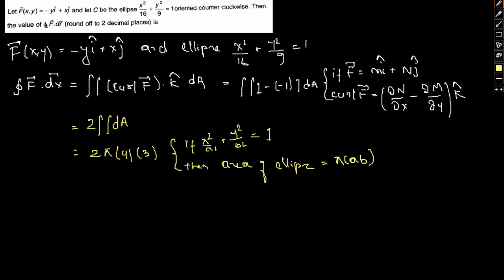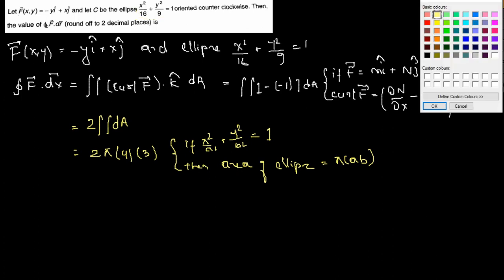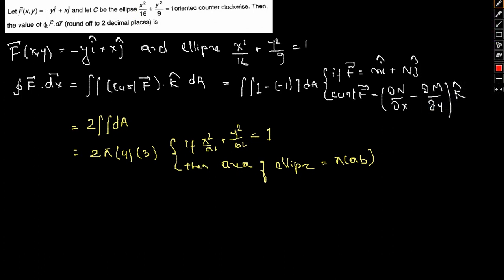Okay, so this particular form has been matched. Here 16 is a squared, 9 is b squared, therefore a is 4 and b is equal to 3. We are only concerned with the positive values here.